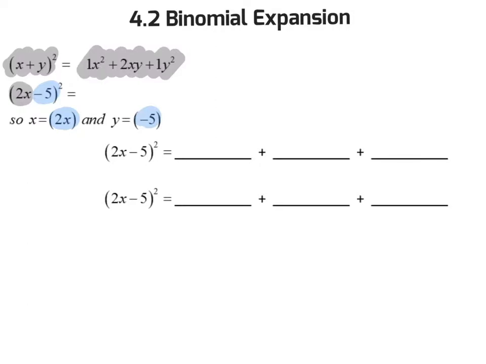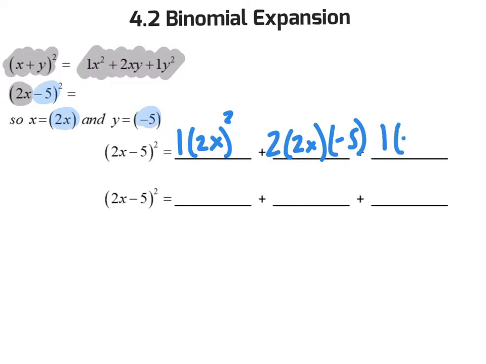So it normally would go 1x squared, so that's 2x squared. 2 times x, that's 2x, times y, which is minus 5. And then 1y squared. Do you see what I've done there?